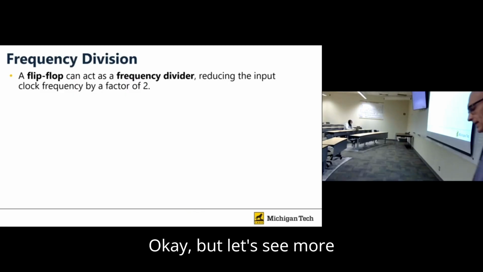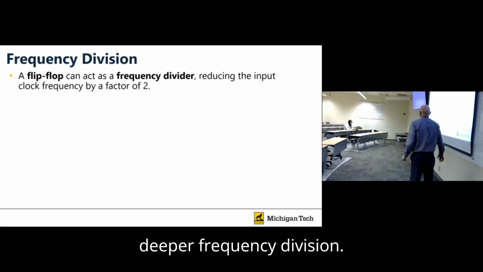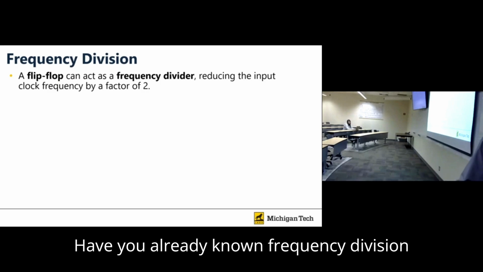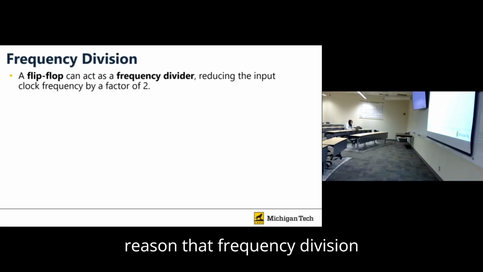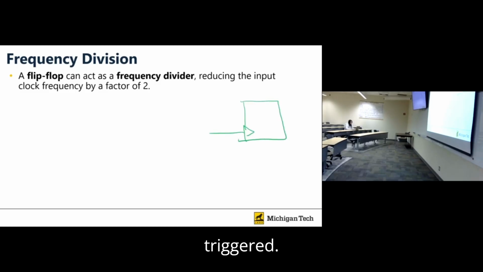Okay, but let's look deeper at frequency division. We already know frequency division happens. The reason is that we are edge triggered.